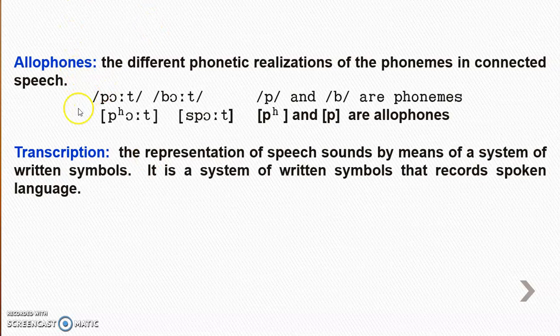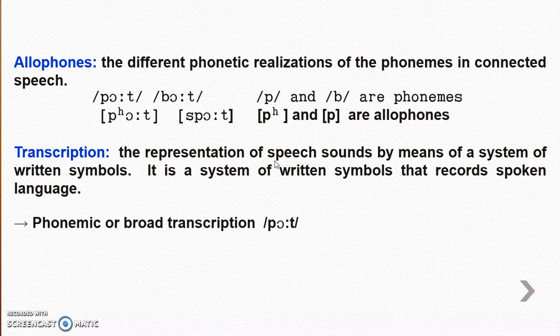Now, for example, if I just include phonemes, the abstract entities, that transcription is called phonemic or broad, just phonemes, as in the first case here, port and bought. Now, if I want to include details of the allophones, for example, port, showing aspiration or without aspiration, I won't use slanting lines, I'll use brackets.